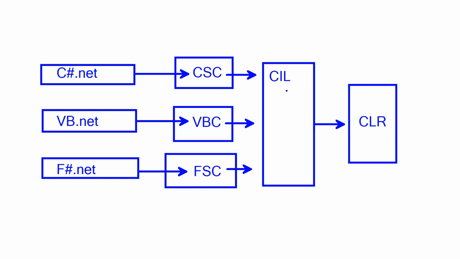CLR will treat CIL code as a single CIL code for any programming language. Once your source code is converted to CIL code, it is irrespective of the programming language, it's the same for CLR. This CLR will convert the CIL code into machine understandable code, and it will execute inside any operating system. That is how source code will compile and execute in .NET.